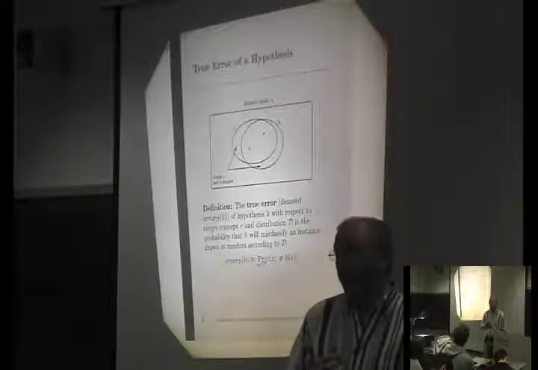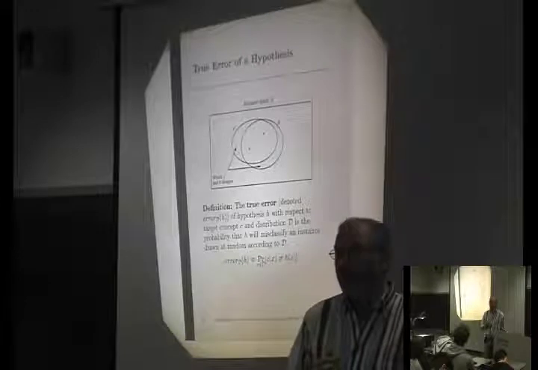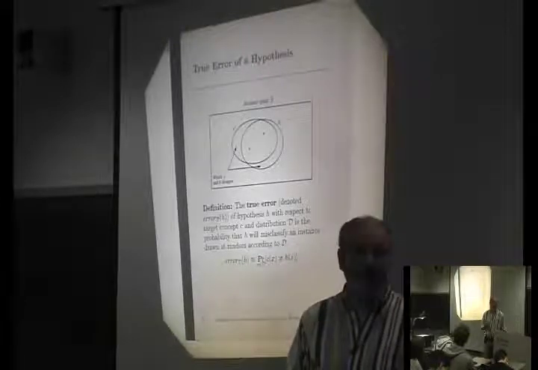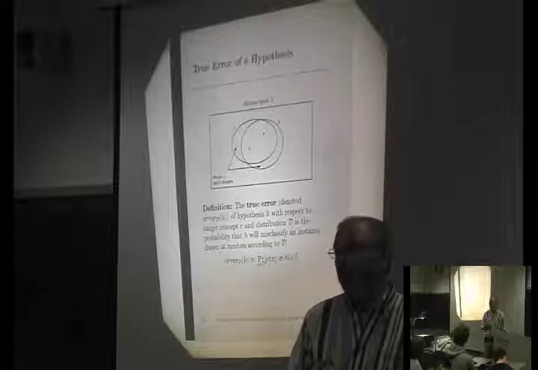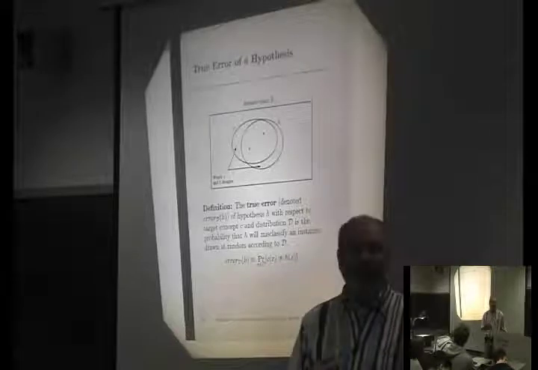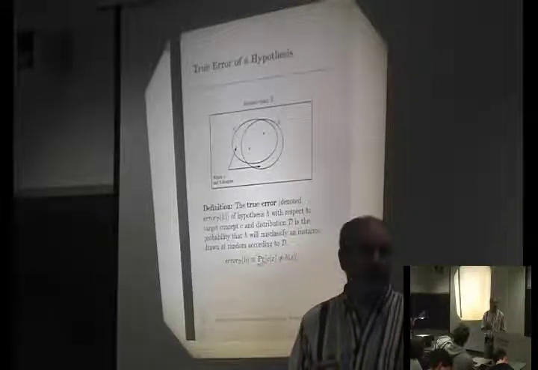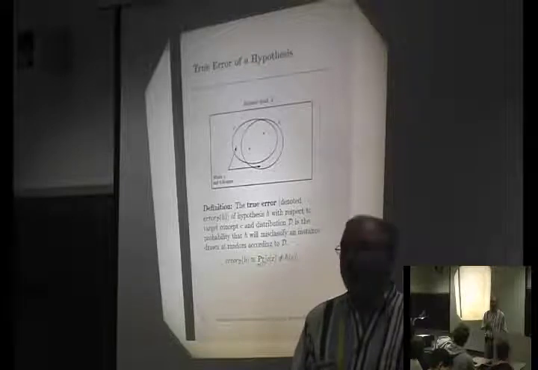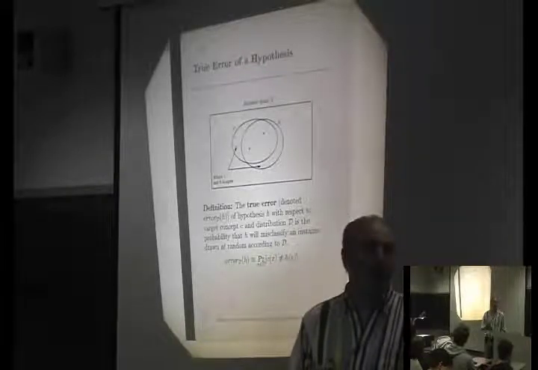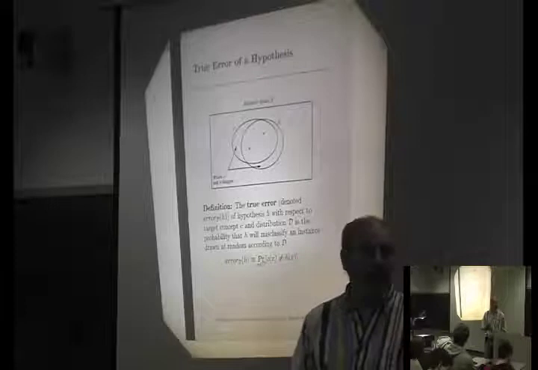However, we can approximate it. We can approximate it by just taking a sample drawn from curly D and evaluating the error in that sample. The error rate on that sample is not going to be exactly the true error rate. But if the sample is large enough, it's going to be close to it.